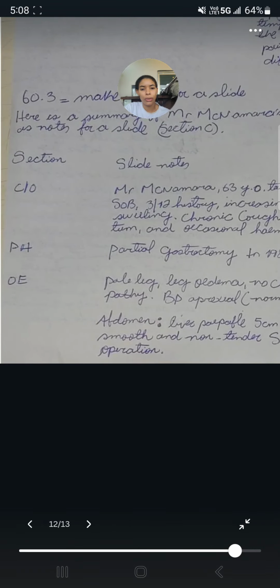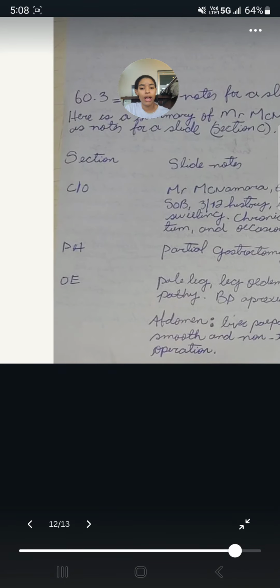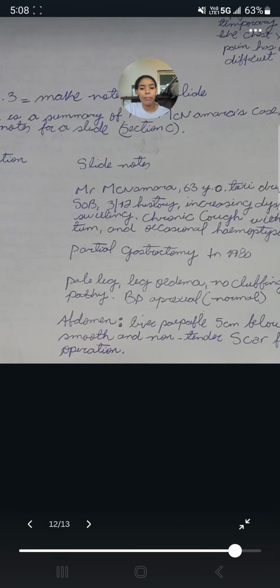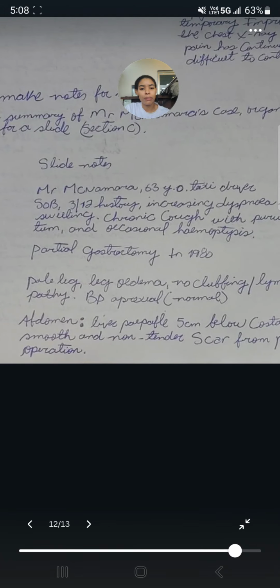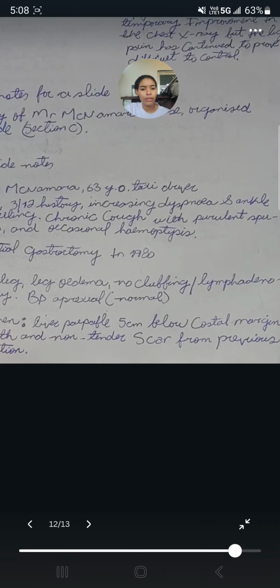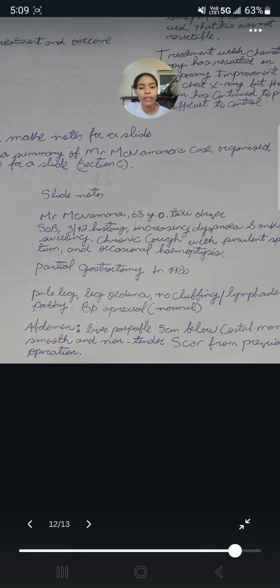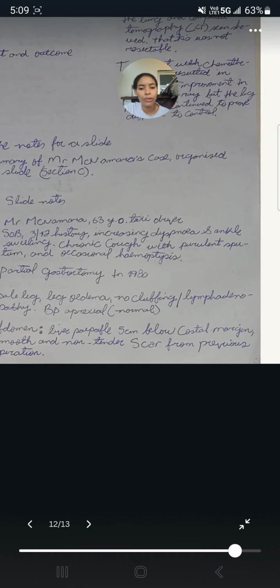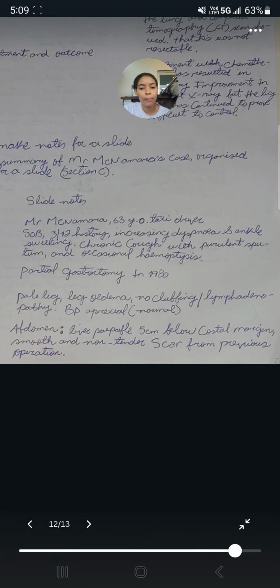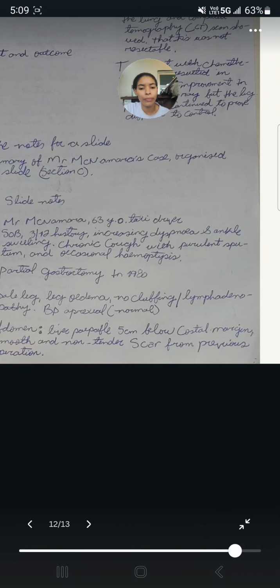We have the PH, or past history: partial gastrectomy in 1980. And we have the OE: pale, leg edema, no clubbing, no lymphadenopathy, and the BP normal. Abdomen: liver palpable 5 centimeters below costal margin, smooth and non-tender, scar firm, previous operation.